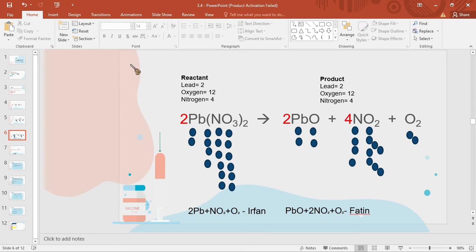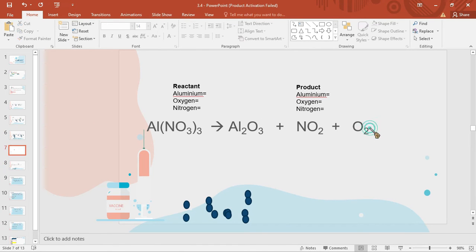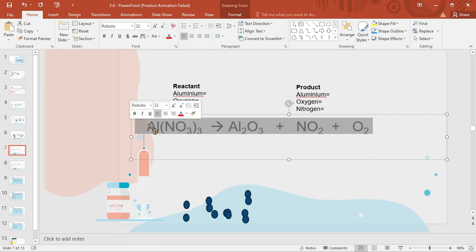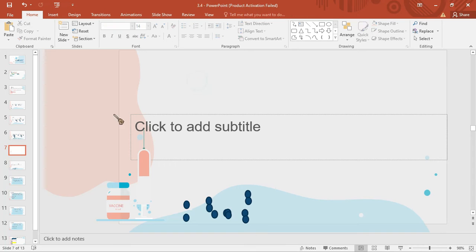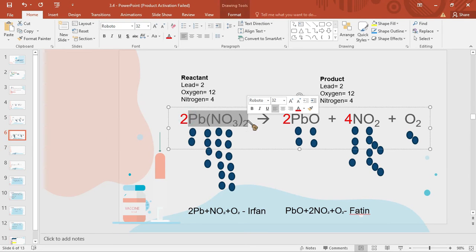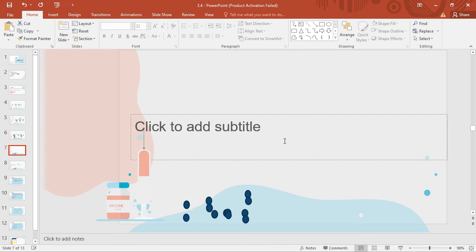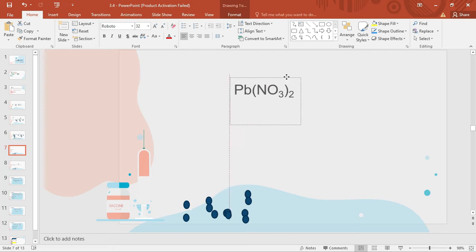Then I want to stress one thing. There is always one misconception that I saw in the module that I gave you before. I take the example of Pb(NO3)2.